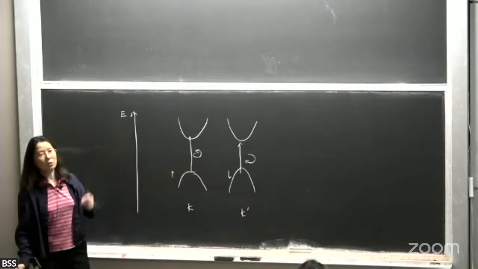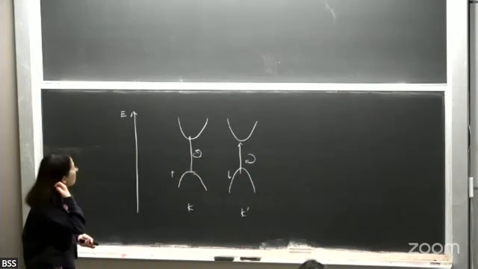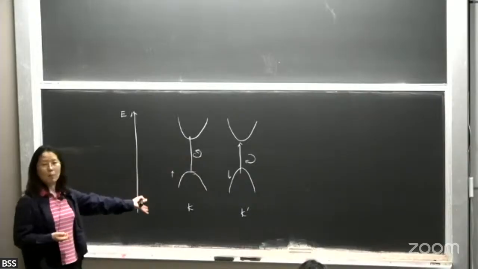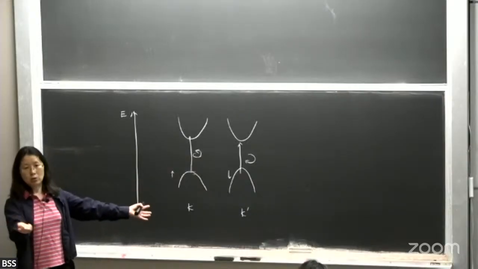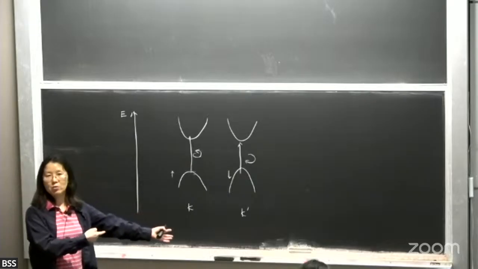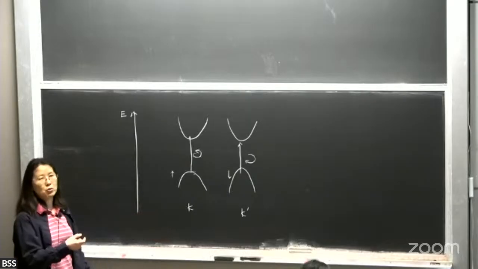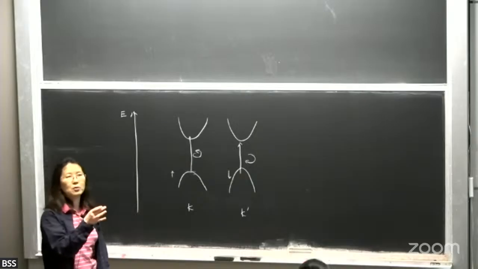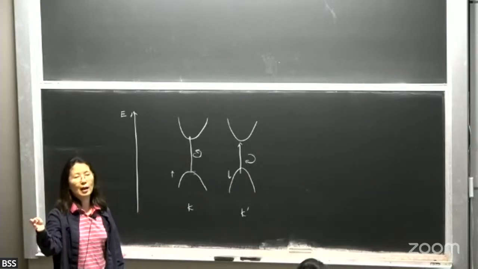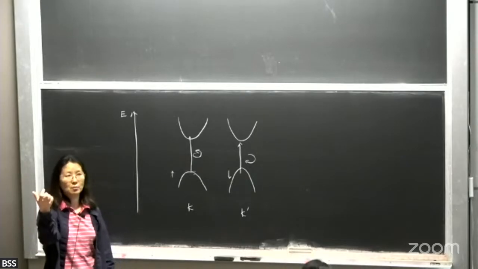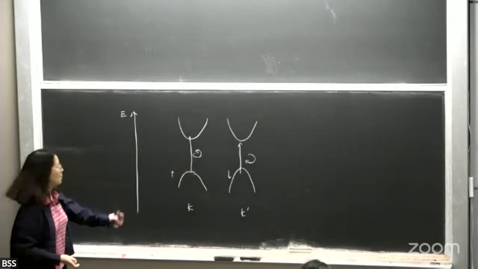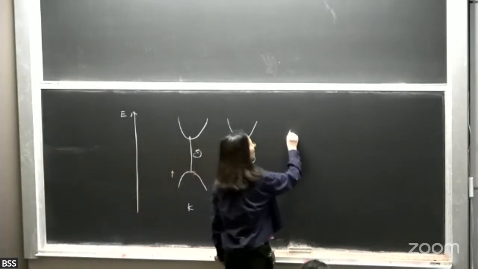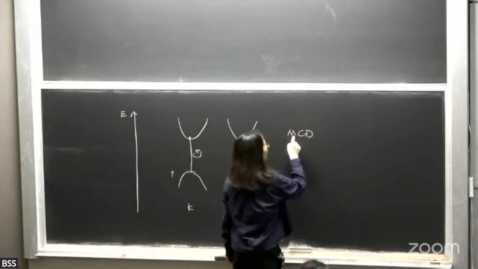So let's say we want to measure the magnetic susceptibility, right? If I don't apply any magnetic field, I told you this material has time reversal symmetry, right? So if I measure the difference between left-handed and right-handed light absorption, I should get 0. And this is called MCD.